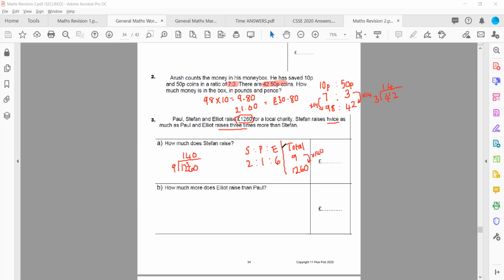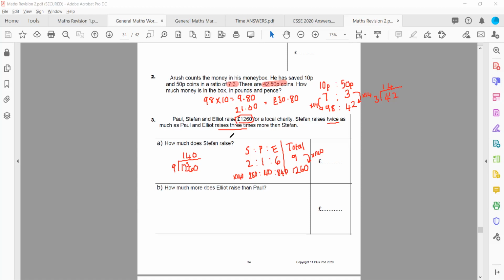So we can apply that to our ratios here. So that would make Stefan 280. Paul would be 1 times 140, which is 140. And Elliot is 6 times 140. So that would be 840. Okay, so you've got all 3 amounts now. Now you're in a position to answer the question quite easily.